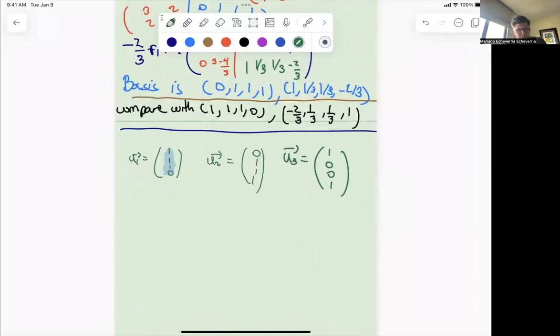I think this one will work, but I just want to double check it before I do something crazy. 1, 1, 1, 0, 0, 1, 1. Yes, I think this one will be okay.